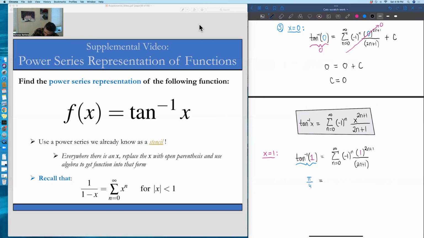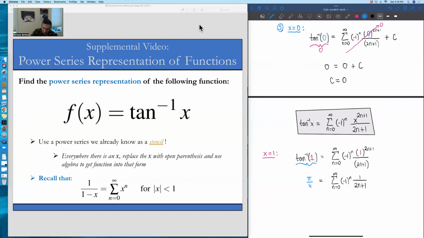On the right-hand side, we have this is from n equals 0 to infinity, (-1)^n. And when we have a 1 to any power, that just gives us a 1. So all we have on the right-hand side is a (-1)^n all over a 2n plus 1.